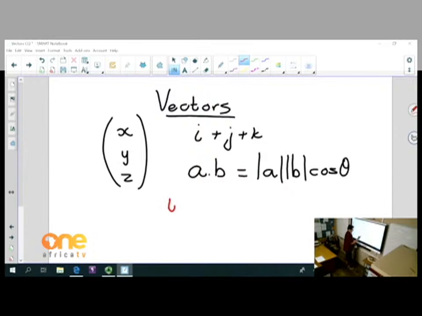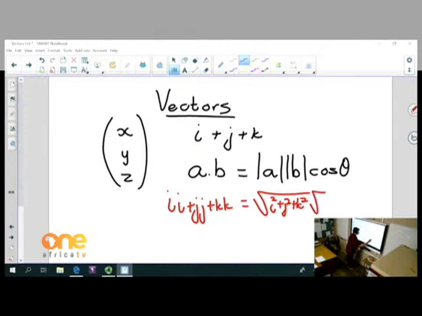A dot B means i1 i2 plus j1 j2 plus k1 k2, equal to the magnitude, which is Pythagorean, so it's i squared plus j squared plus k squared, multiplied with the second vector, i squared plus j squared plus k squared, cosine theta.